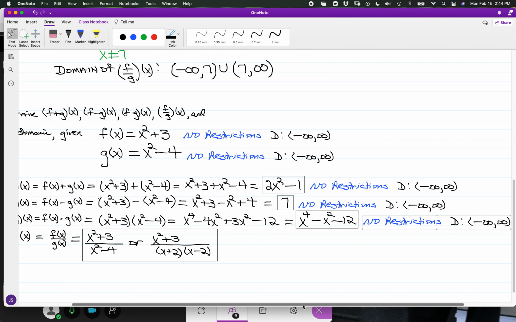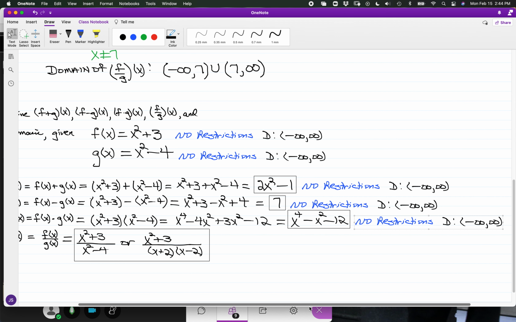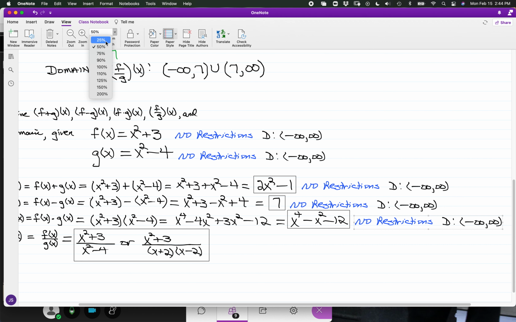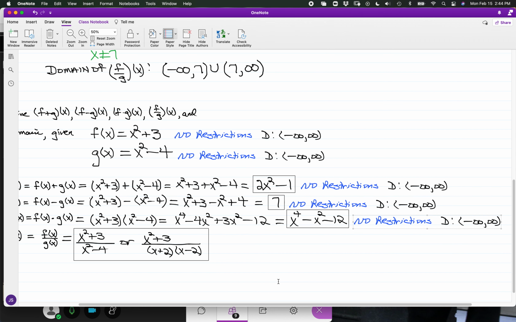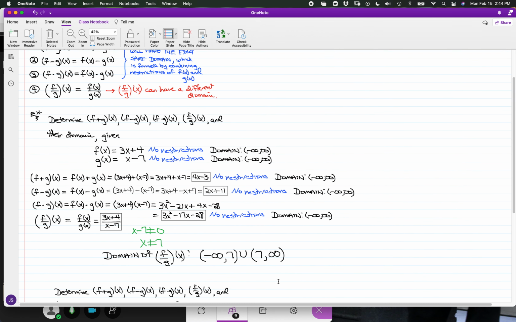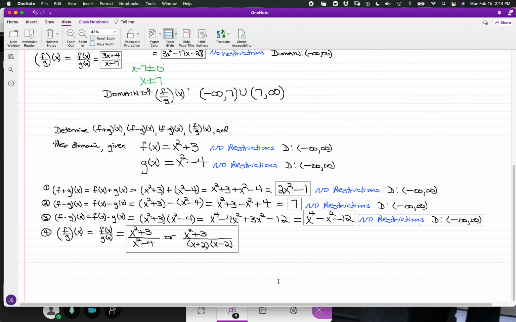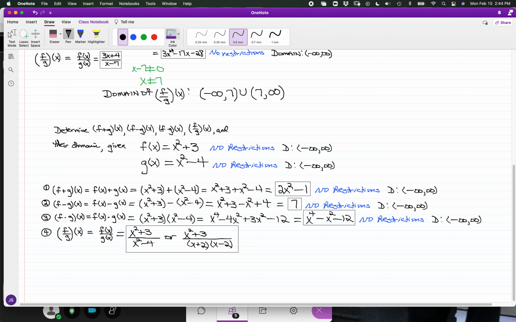So for the sum, difference, and product functions, we still have the domain as the set of all real numbers. In the case of the quotient function, once again the domain is different. We had that the denominator cannot be equal to 0.